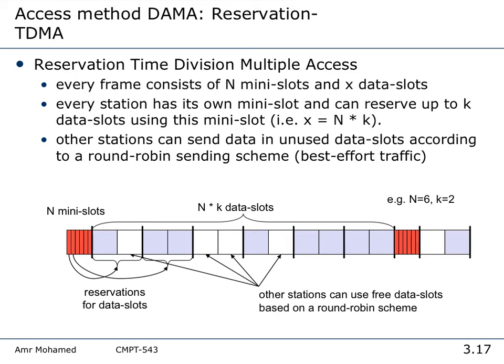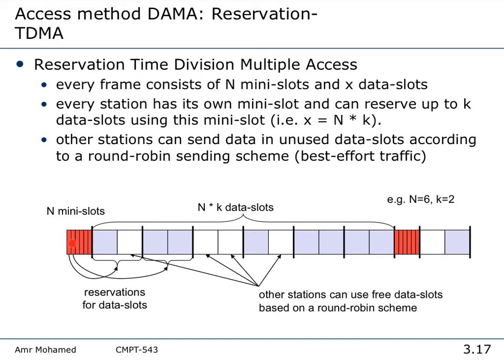So at full load, I could have n nodes, each node requesting k different time slots, so all the n times k time slots are taken. But this is the worst case. What if a node wants only one time slot or two time slots?